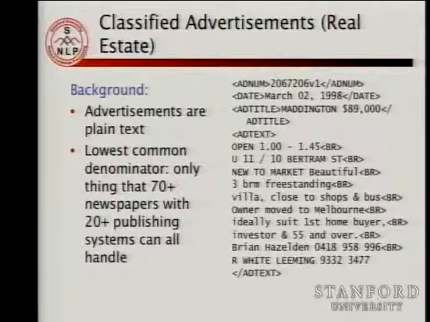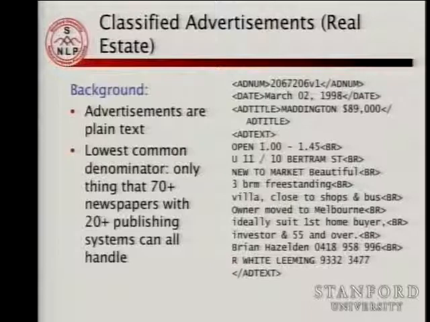Here's the very first information extraction project I ever worked on, back in 1998, a decade ago in Australia. This was the News Corporation, that well-known and much-loved media company. In Australia, News Corporation actually owns most of the newspapers as opposed to most of the television stations.